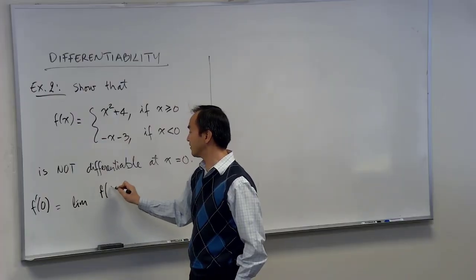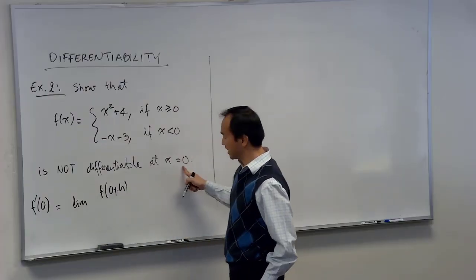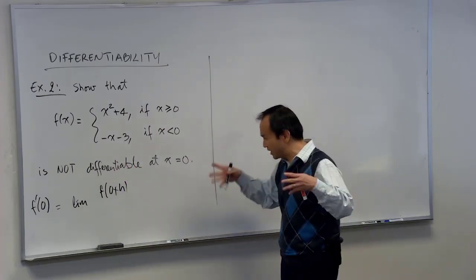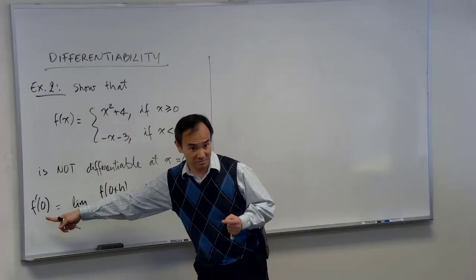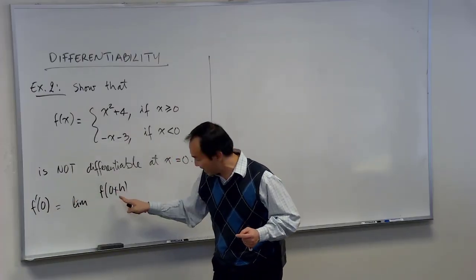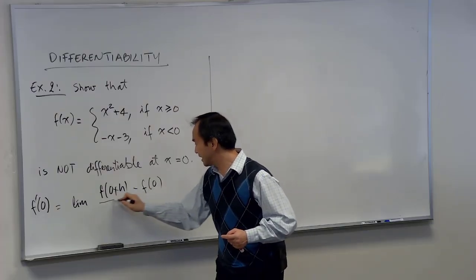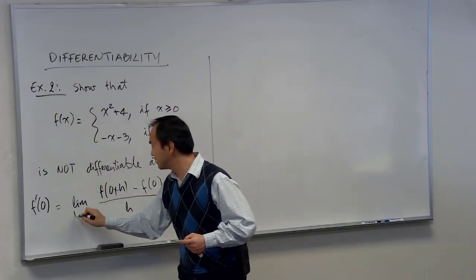So limit of f of 0 plus h, that's the given point. Most of my examples have used 0, but it doesn't always have to be 0. The point is you set up the difference quotient at that center point, subtract f of 0, and divide by h, as h goes to 0.